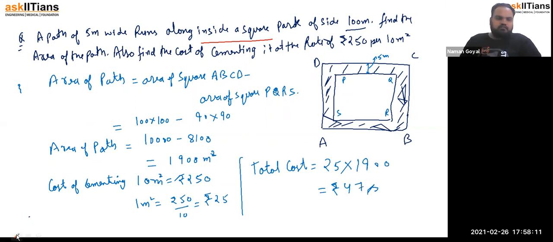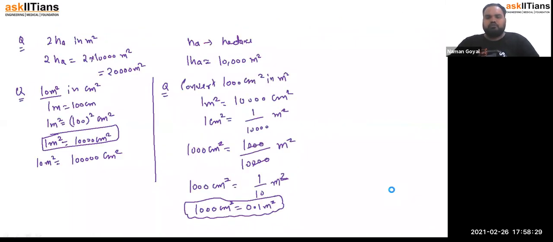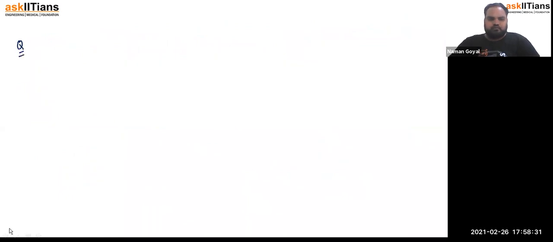Let me erase this. Okay, so this is all about this question. One question I want to give you for your practice, so you can write it down. This is for your practice.